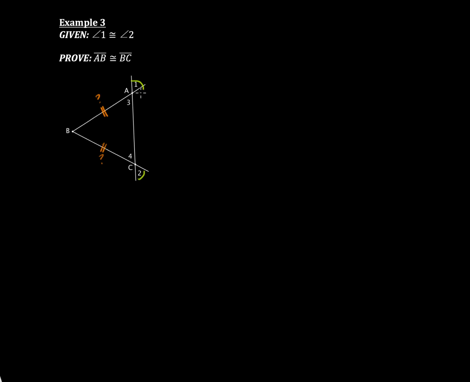Well, first of all, I know that angle 1 is congruent to angle 2 because it's given. I also know then that angle 3 is congruent to angle 1 and angle 4 is congruent to angle 2, right?